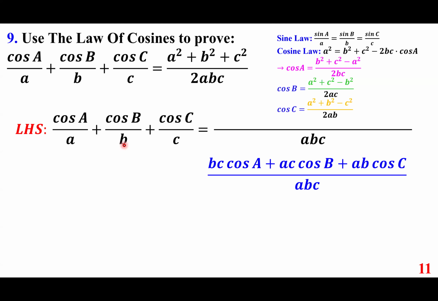Now, in essence, we want to prove the top is equal to a squared plus b squared plus c squared. And to do so, we are going to look at this one and say, let's multiply this one by BC.